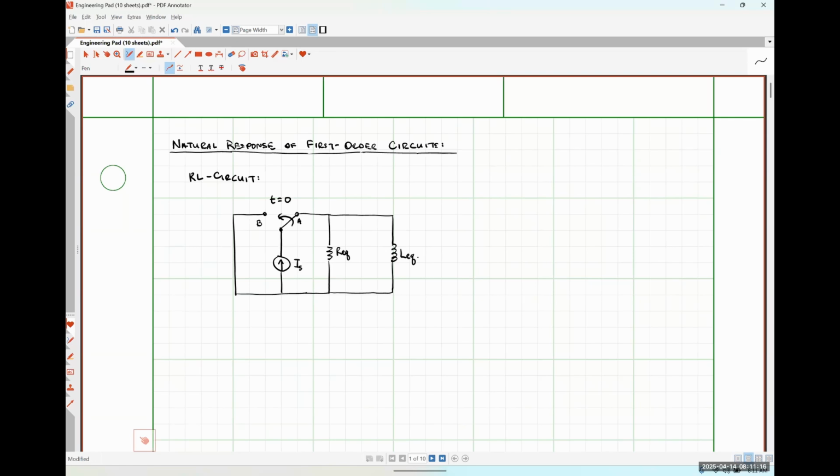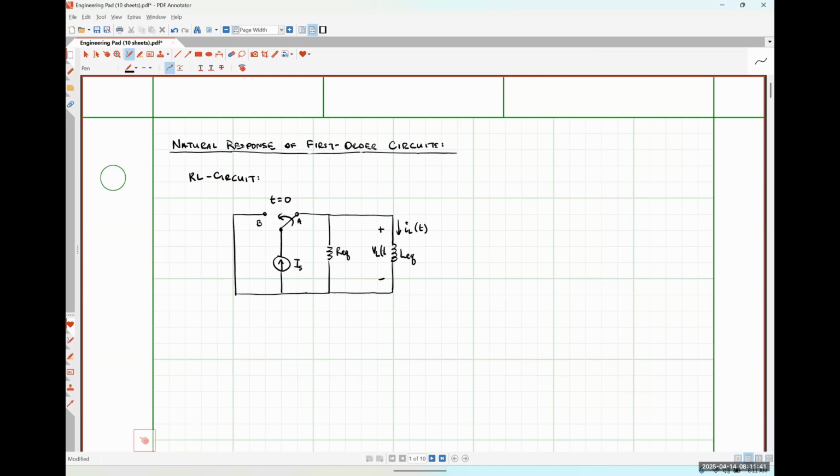So I'm going to define a few things here, okay? So the first thing that I'm going to define is my inductor current, okay? So my inductor current, IL of t, will be the current that's flowing down through that inductor LEQ. And then I'm going to assign a voltage drop across that inductor.